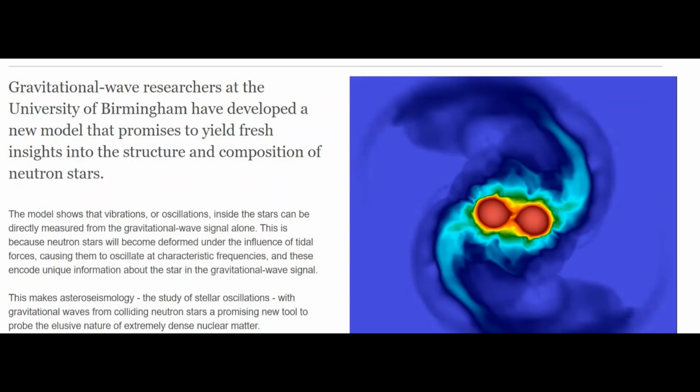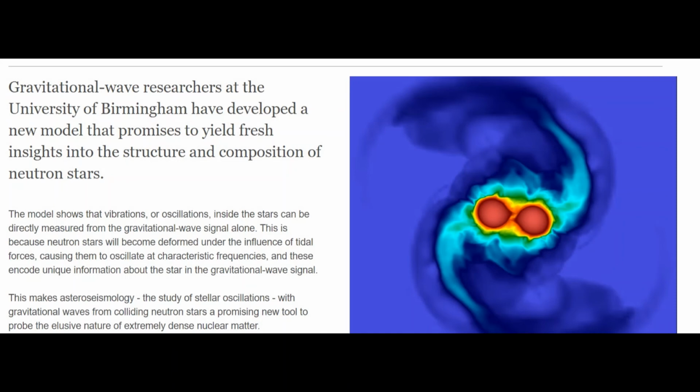I think this is a good news about waves. Gravitational wave researchers at the University of Birmingham have developed a new model that promises to yield fresh insights into the structure and composition of neutron stars. The model shows that vibrations or oscillations inside the stars can be directly measured from the gravitational wave signal alone.